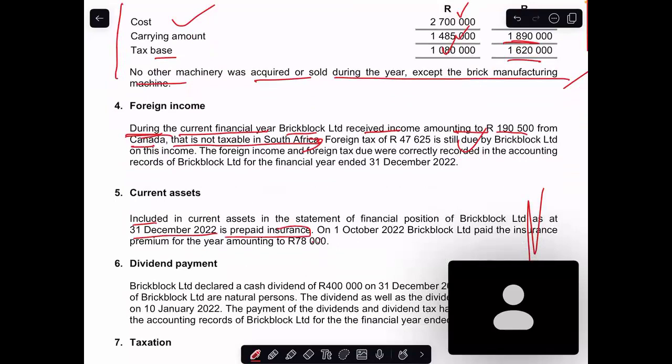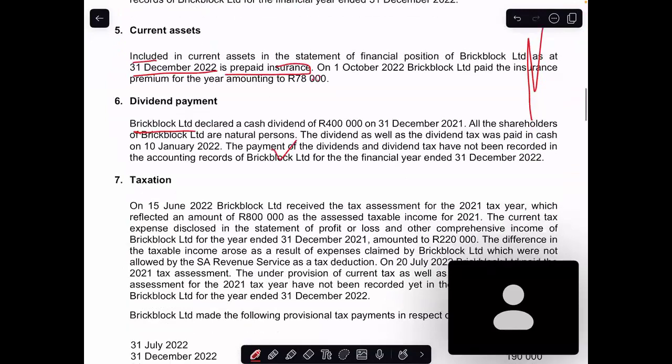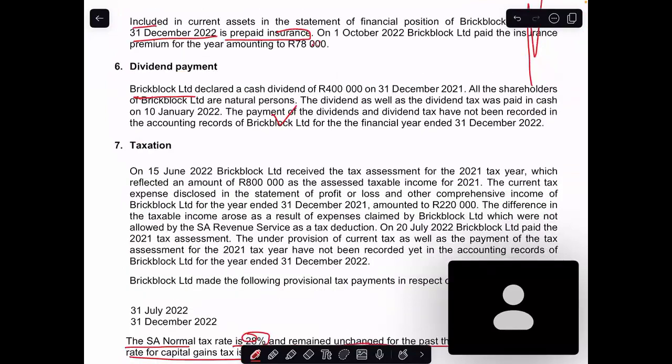They are saying we have a prepayment. It's going to result in deferred tax, but they are saying in 2022, not in 2021. Then BRIC declared dividends. This has to do with what? Dividends. Dividends do not affect.